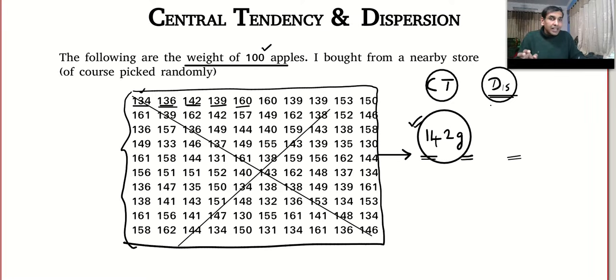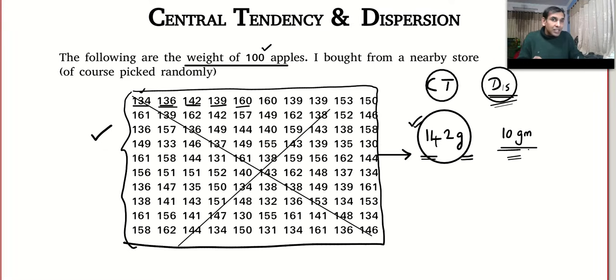Now I'm looking for more clarity. And let's say I got the dispersion, let's say standard deviation or the mean deviation, to be 10 gram. Oh, now things are really clear. If I take one apple from this particular variety, I should expect that the apple weight will be somewhere around 142 gram.